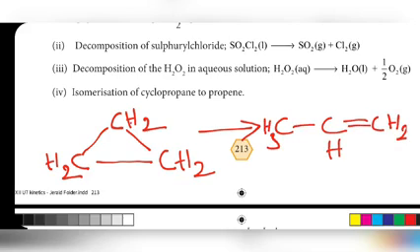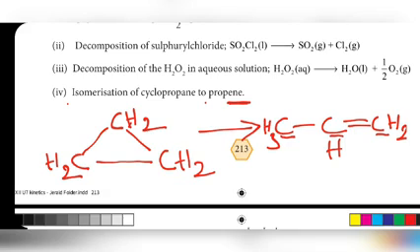Cyclo means ring. Cyclopropane means CH2, CH2, CH2, all attached in ring form. Propene: ene means double bond. Prop means 3 carbon, 1, 2, 3. One double bond is there, CH3, CH double bond, CH2. Remaining, if we satisfy the hydrogens, we will get this molecule.